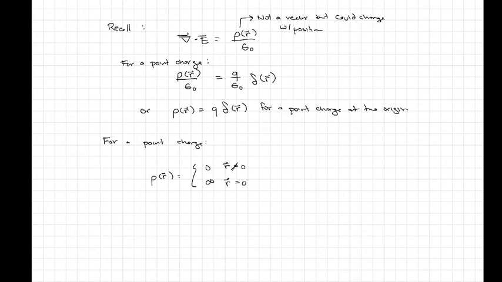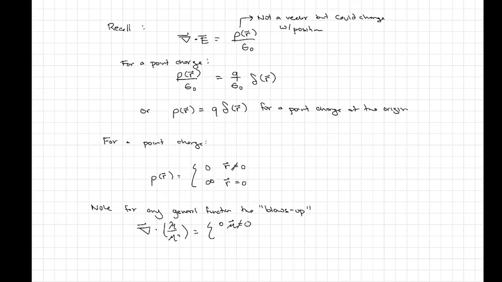Even if I use a more general vector field that blows up, I did this for the volume charge integral to calculate the electric field, but really for any general function that blows up because it depends on something like 1 over r or 1 over r squared, I have this problem where when I evaluate the divergence, it was 0 when our separation vector was not equal to 0, and then it was some other crazy thing that I didn't understand when it was.